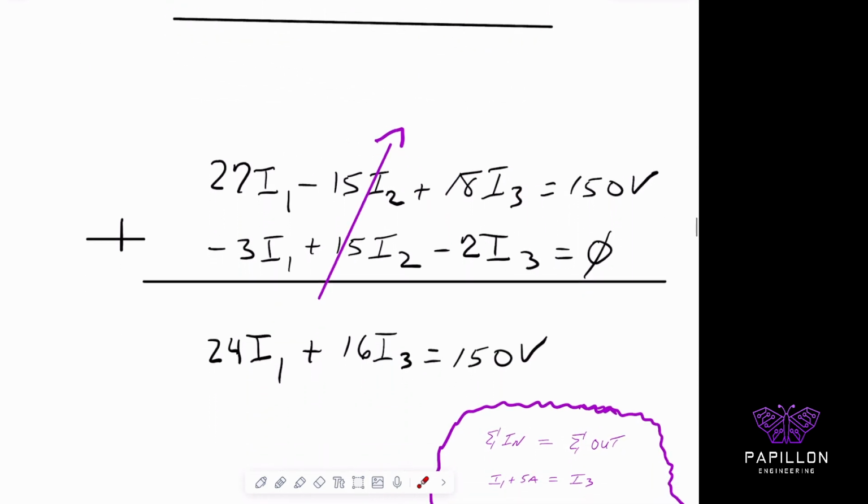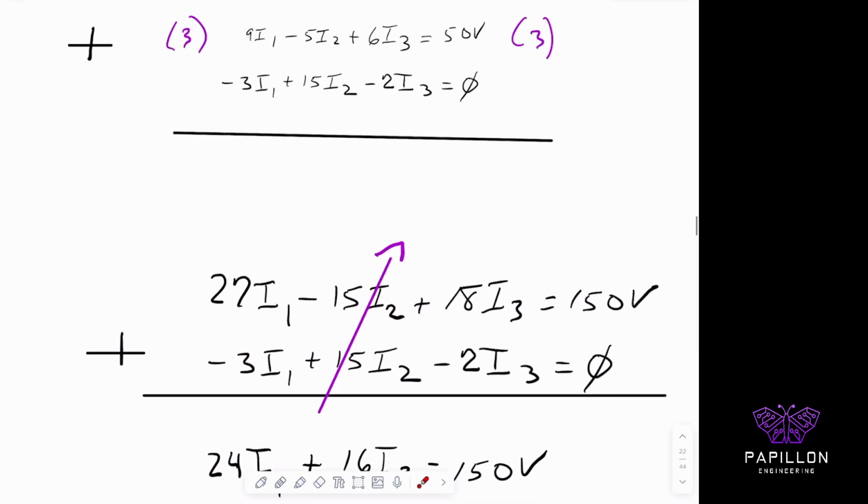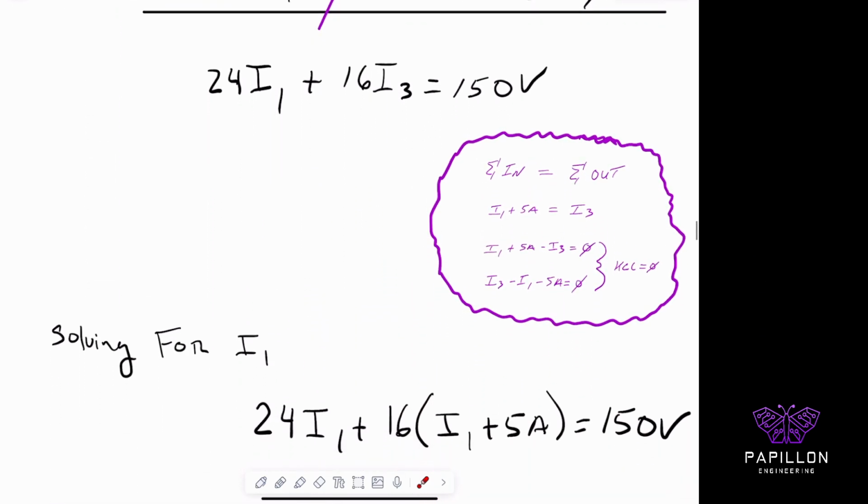And I'll see as well that the minus 15 I2 and the positive 15 I2 will cancel. So I'm left with this form: 24 I1 plus 16 I3 equals 150 volts when I distribute it out. And don't forget, most people sometimes forget, also multiply the right-hand side, so 3 times 50 gives me back 150 volts, which is important to us as well.